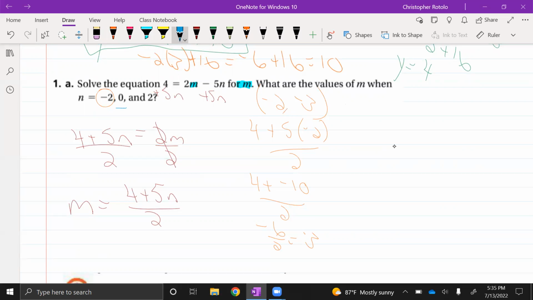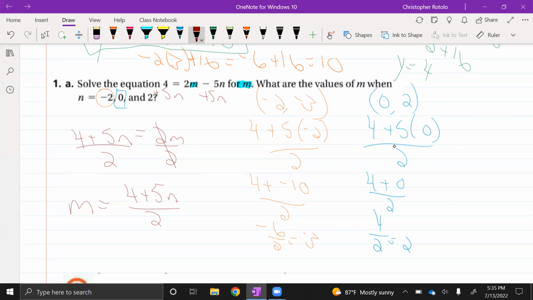Now I'll take a look at the next one. 0. 4 plus 5 times 0 all over 2. 4 plus 5 times 0 is 0. Oh my gosh, why am I writing all these steps? You guys know this. I plugged in 0 and I got 2. One more time.